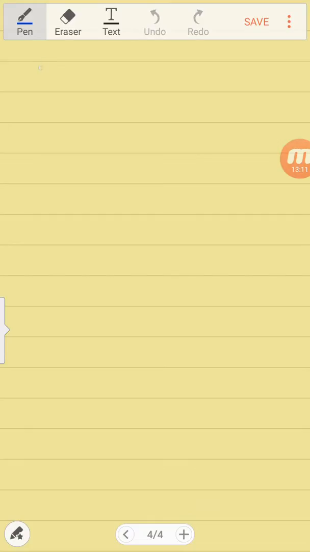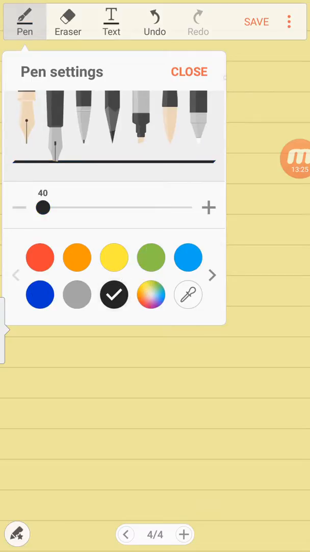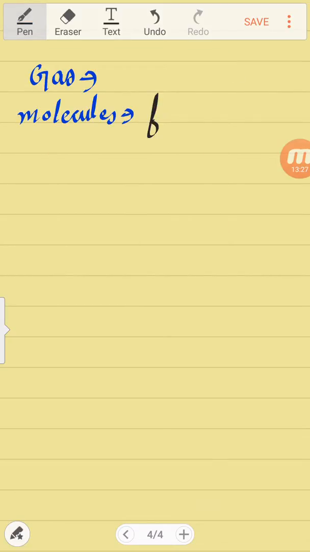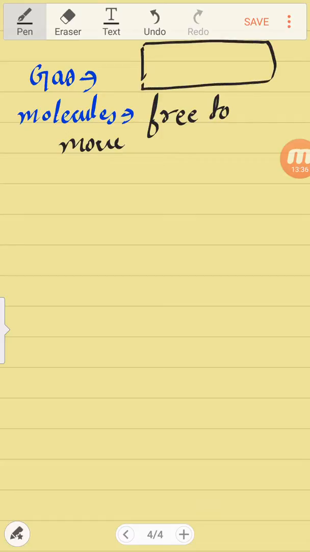Now what about gas? Molecules are free to move in gas.